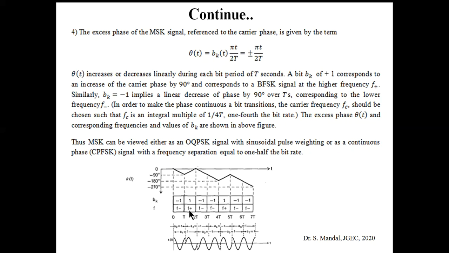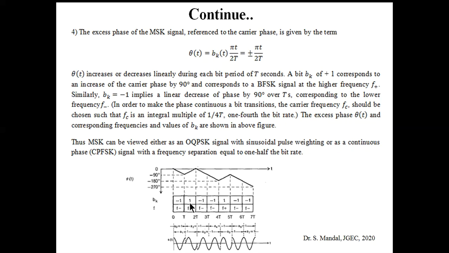That means an increase by plus 90 degrees. Okay. So obviously the phase is again minus 90, plus 90. That means it reached 0 at 2T seconds. Okay. Again minus 1, so again minus 90, minus 1 minus 90, plus 1 plus 90, like this.